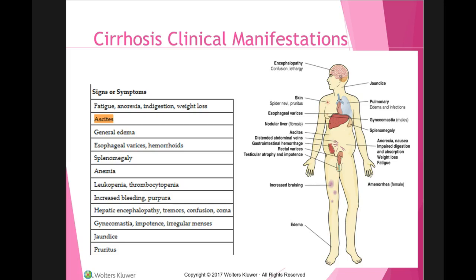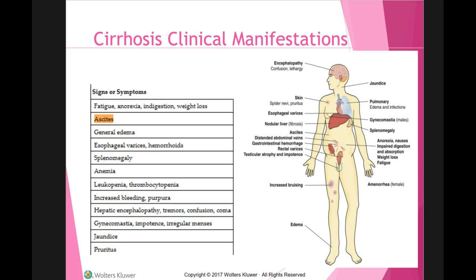They can have splenomegaly, which also comes from the portal hypertension, the buildup of that blood just causing the spleen to enlarge.